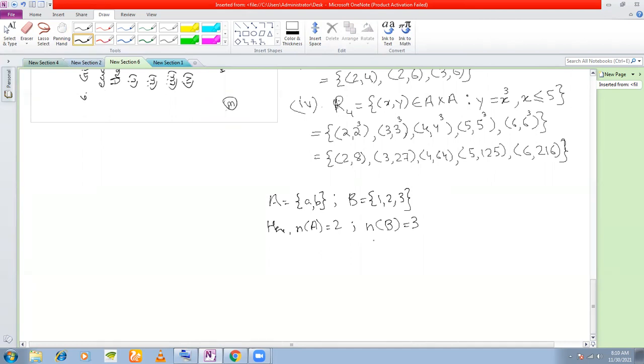So the total number of possible relations that can be defined from A to B is equal to 2 to the power of 2 into 3, which is equal to 2 to the power of 6, which is 64. You can define 64 relations from A to B.